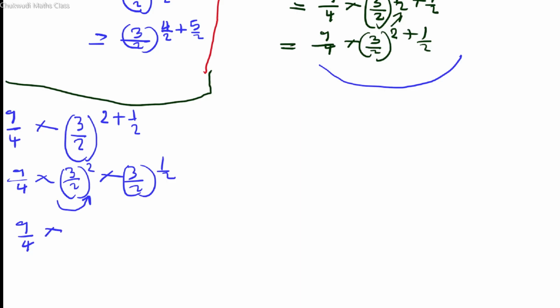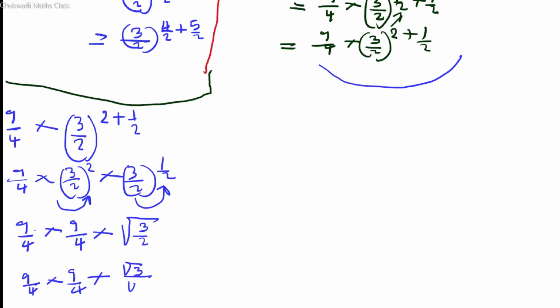So 3 raised to the power 2 is 9, over 2 raised to the power 2 will give you 4, multiplied by (3/2) raised to the power 1/2, which can also be written as the square root of 3/2 according to the law of indices. This is equal to 9/4 multiplied by 9/4 multiplied by the square root of 3/2, which can also be written as root 3 over root 2.